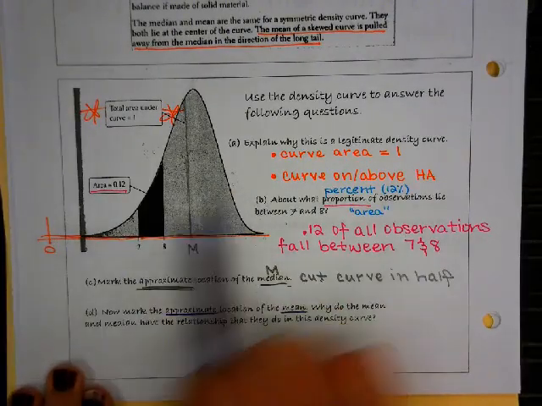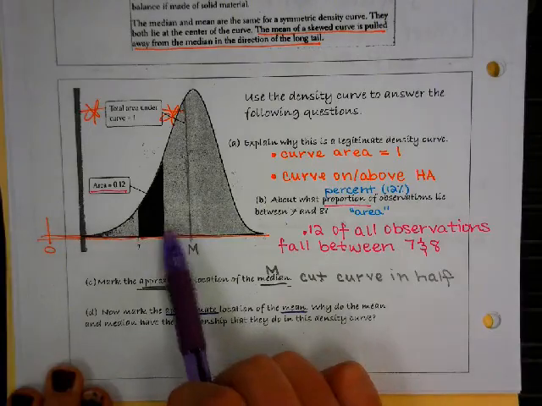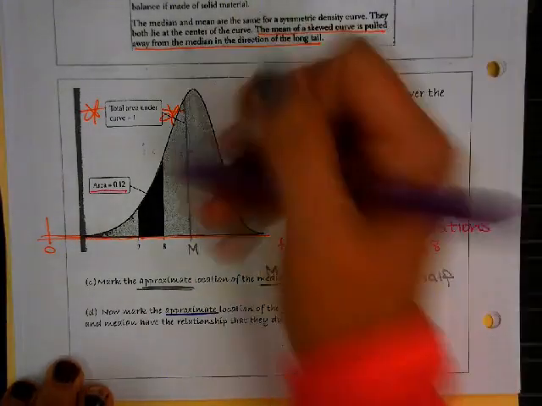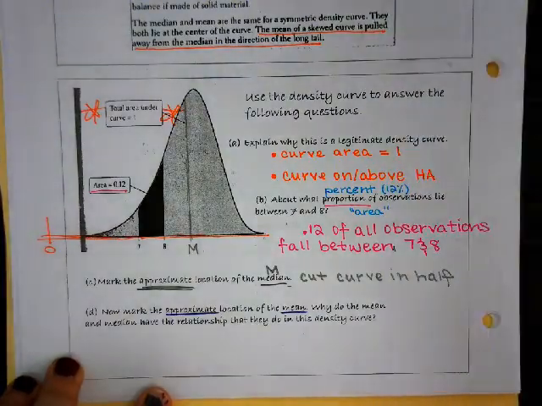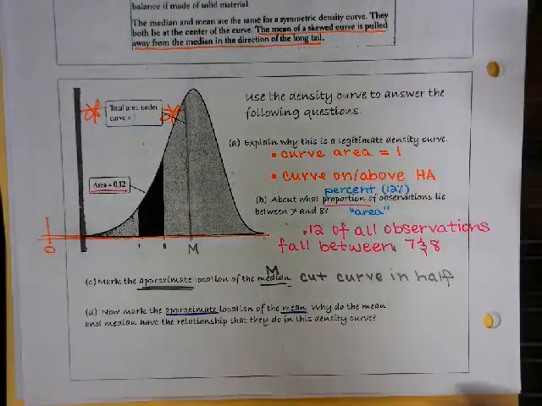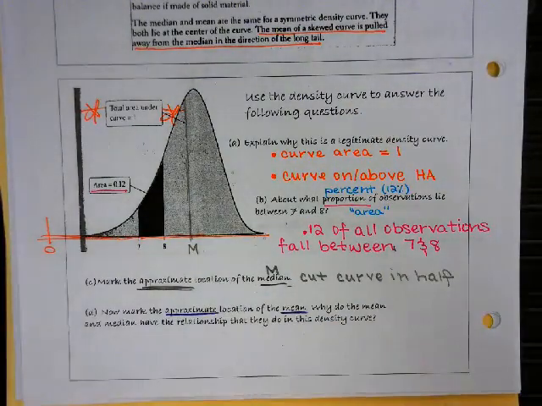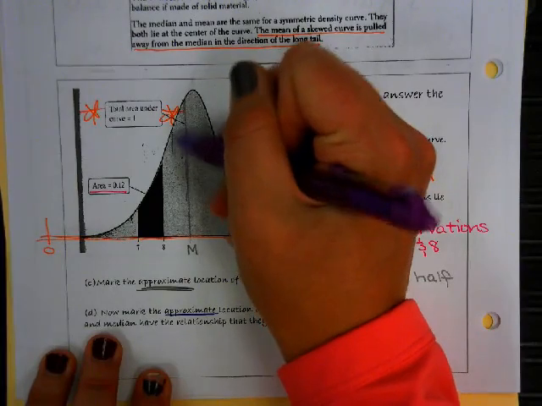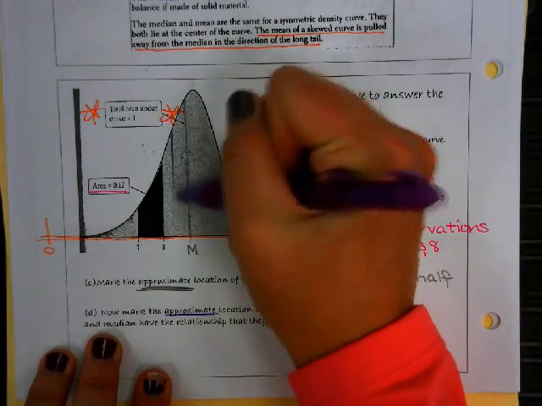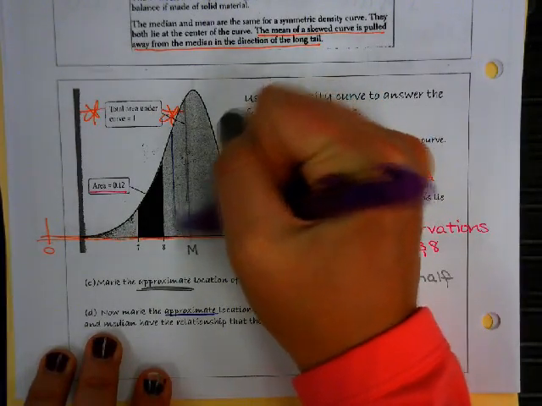So our mean is going to be pulled towards the left a little more. And the mean is supposed to be the balance point. So if I were to put it on a ruler and try to balance it, it should balance, not tip one way or the other. So it's going to be a little more to the left than the median, but it's not going to be way down there.